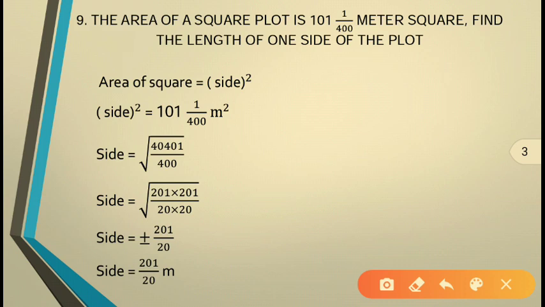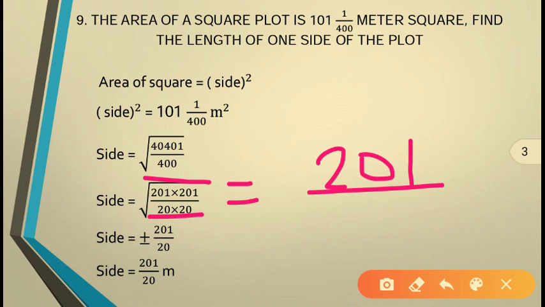When you factorize the numerator, you will get 201 into 201. When you factorize the denominator, you will get 20 into 20. Now this is one pair, this is another pair. From the numerator, you can write 201 only, and from the denominator, you can write 20 only. When you remove the under root, it will give you plus and minus both signs. But side cannot be a negative number. That's why we are taking the positive number only.